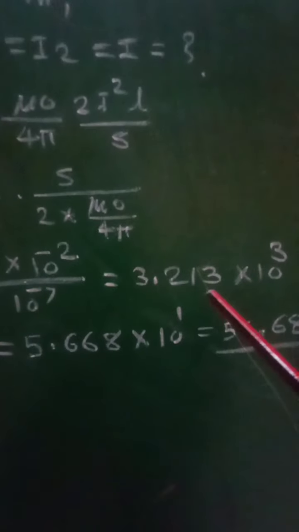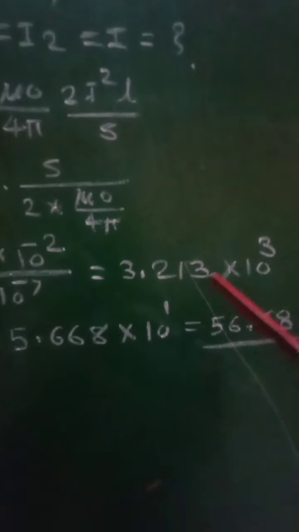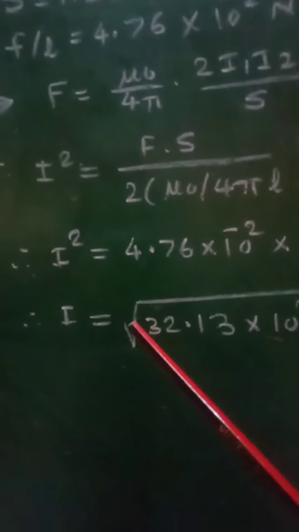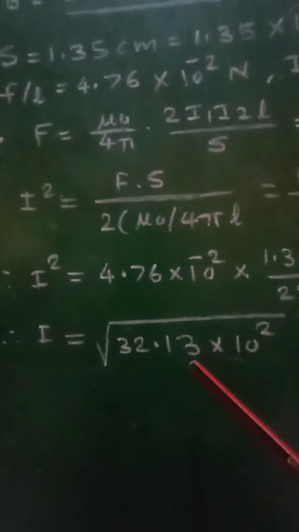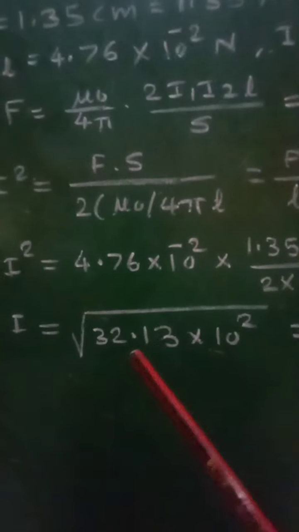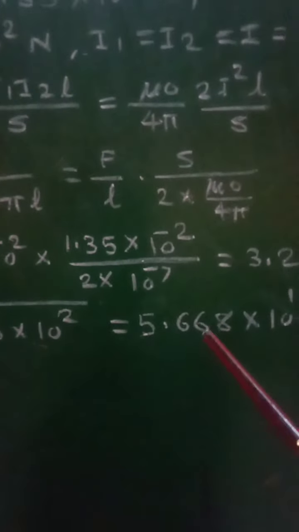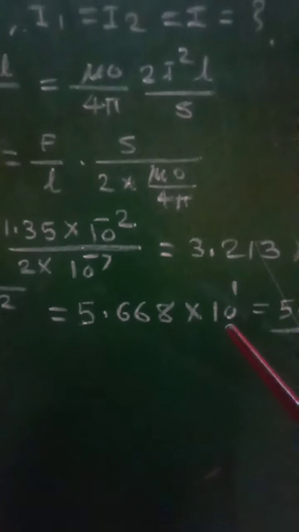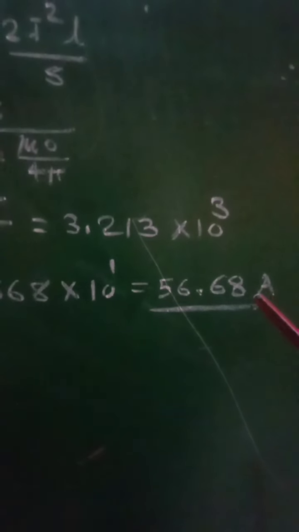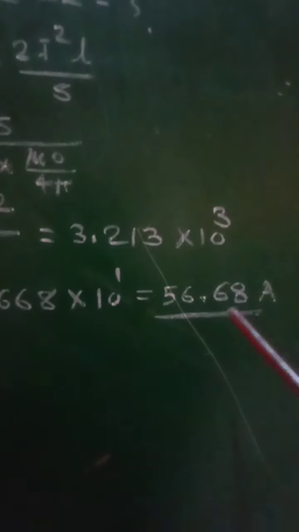Solving this, we get 3.213 into 10 raised to 3, and therefore I will be equal to the square root of 32.13 into 10 raised to 2, which comes out to be 5.668 into 10 raised to 1, equal to 56.68 ampere. That will be the value of current.